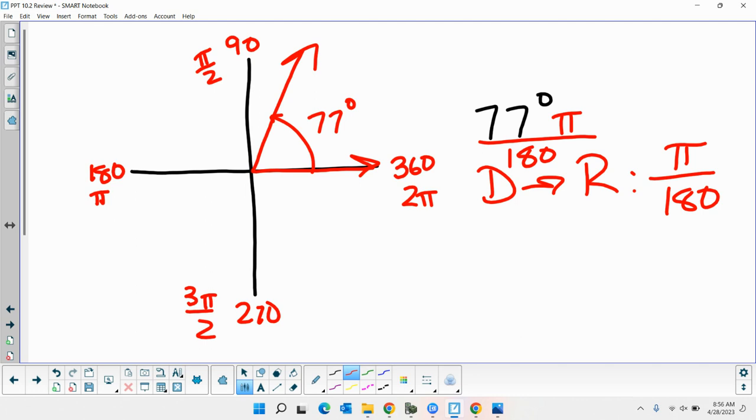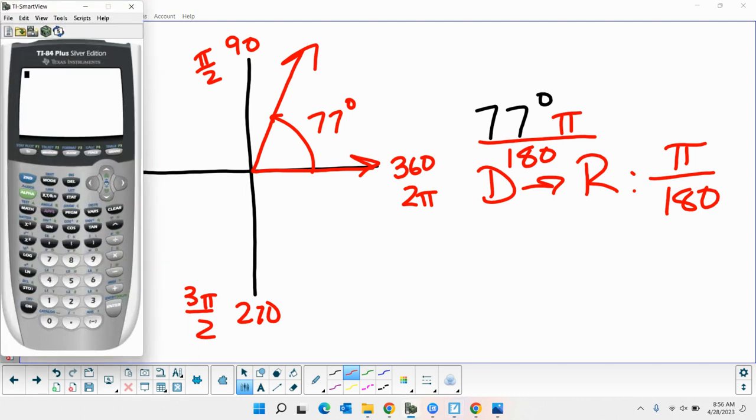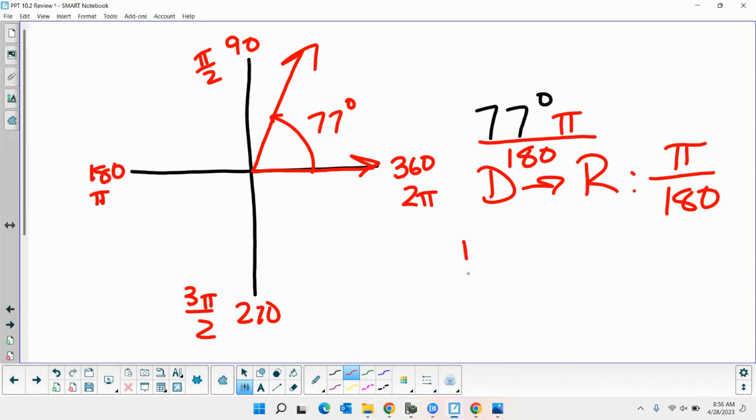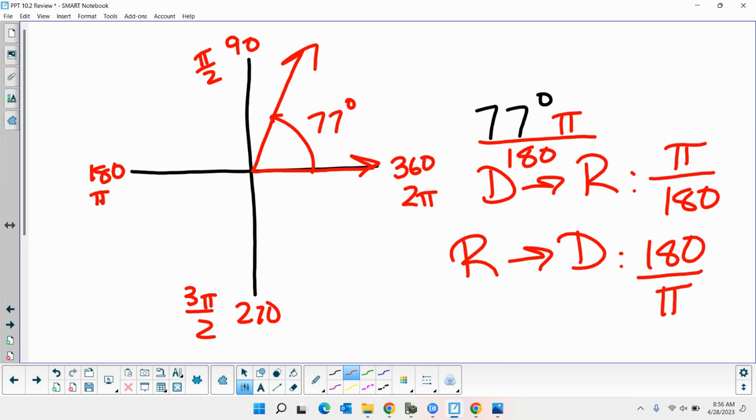Go 77 divided by 180. Hit math, enter. Won't reduce, so it would just be 77 pi over 180 radians. Right? How do we go from radians to degrees? 180 over pi. You want the pi's to cancel, right?